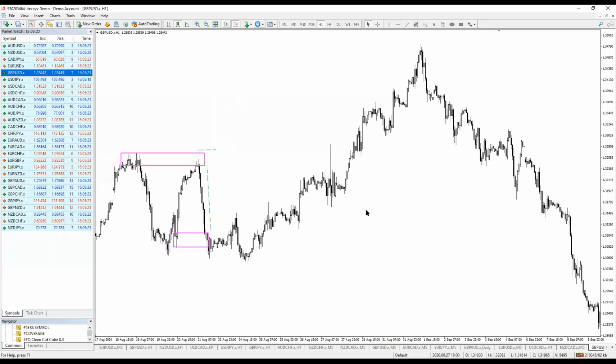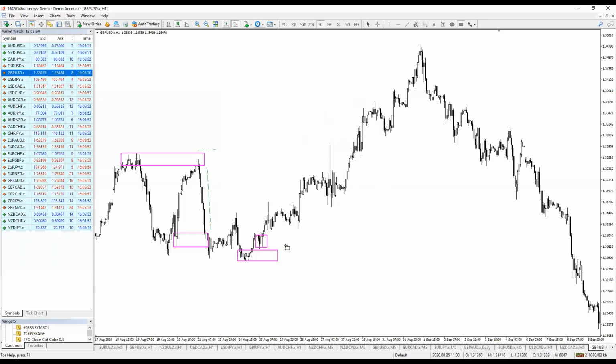Let's take another instance. If it's a counter trade, we have a base here, and price is coming up, and now price is hitting this, so this cancels this demand.